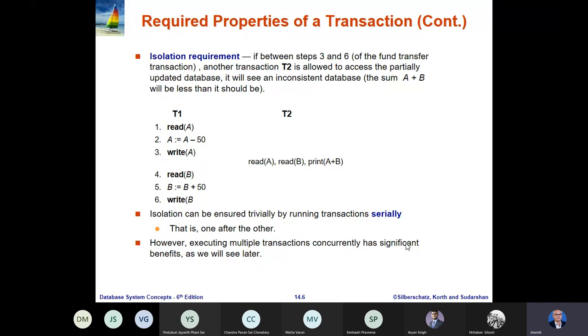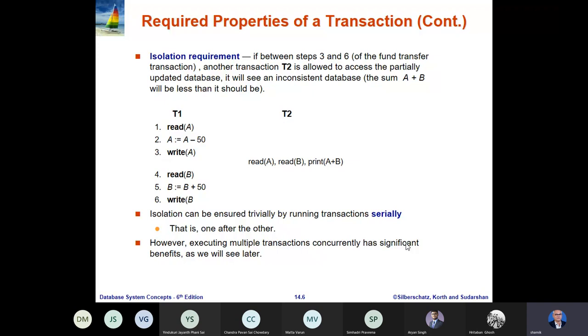So it will print 2950 as the output of A plus B. But actually, this is not correct, because only part of T1 has been executed, and then T2 read both A and B and printed A plus B.